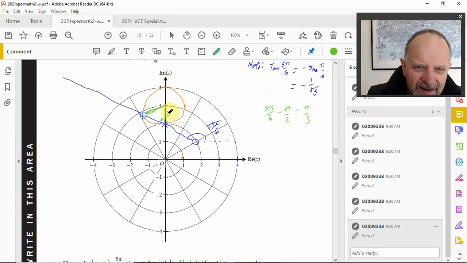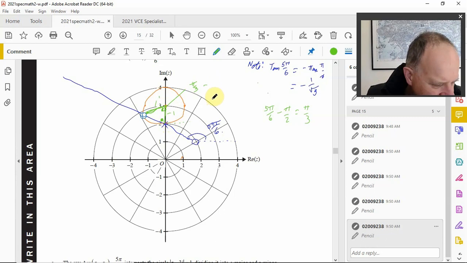All right, so that length there is 1, that length there is 1. We've got ourselves an equilateral triangle. All right, so if that's an equilateral triangle and this is pi on 3 here, then this angle up here, the one that we're going to use, is also pi on 3, because we've got an equilateral triangle.